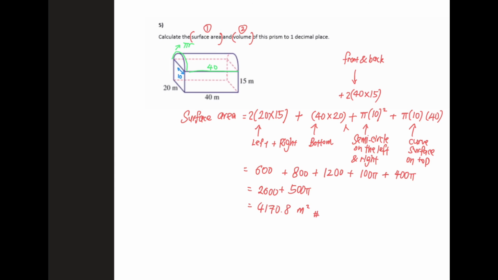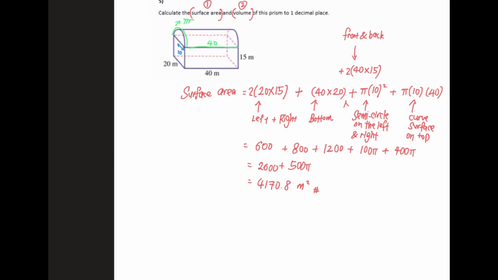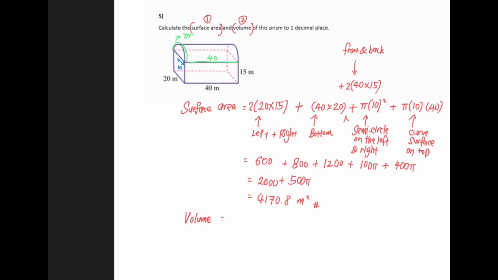And then we quickly go through the volume also. To find volume, we just need to find the cross-sectional area, then multiply with the length.